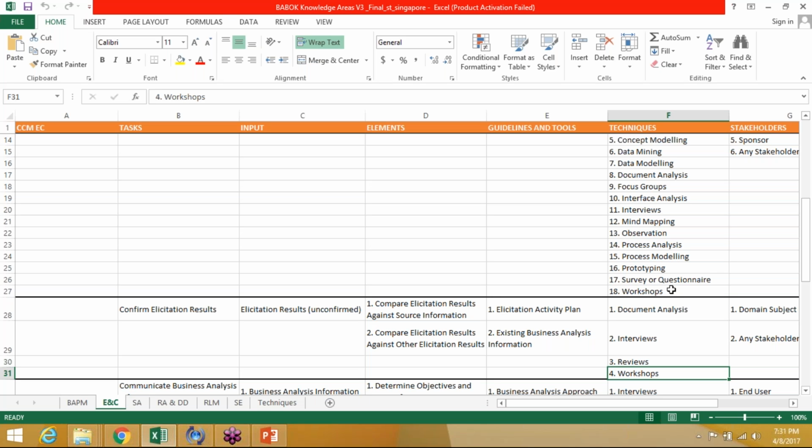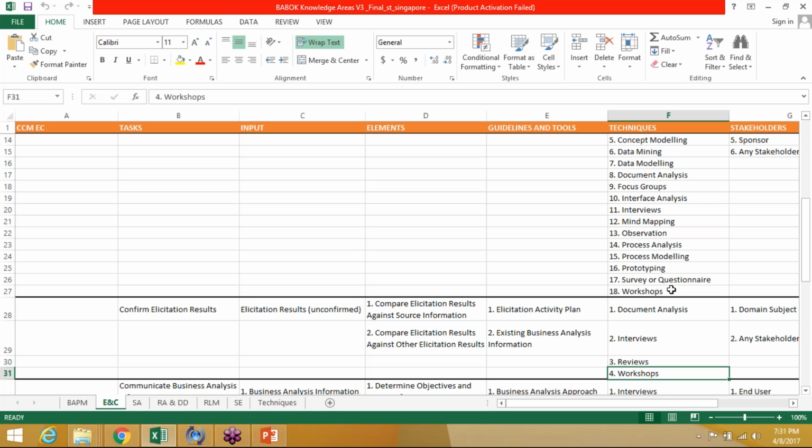And those elicitation results have to be confirmed. And that's what we have discussed today, confirming the elicitation results. Now, to get the confirmed elicitation results is all about seeing that the information that you have gathered does not have any inconsistency or ambiguity. And if such inconsistencies and ambiguities are there, you need to address them and bring about a change in the form of consistent information.